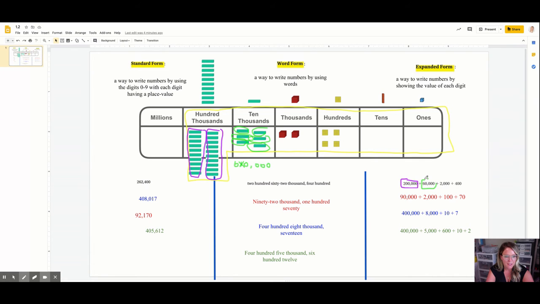That is represented here. We could then move to our next place value, which in this case is the thousands. There are 2 of them. So although we say this is 1,000 and this is 1,000, which would look like this, we know there are 2, so we need to change this to 2,000. That is represented here.